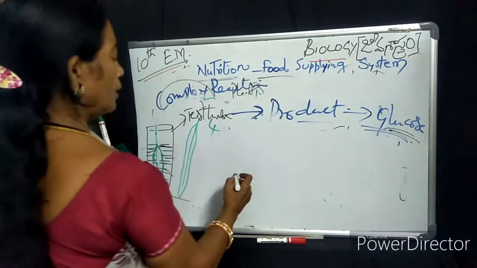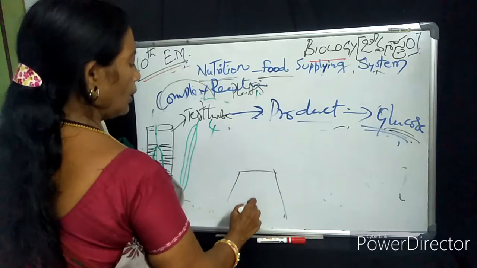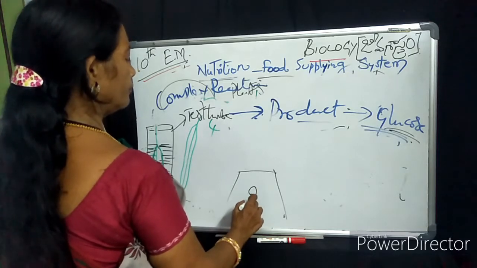We should take one tripod stand and one Bunsen burner.